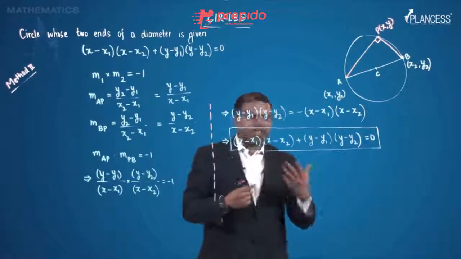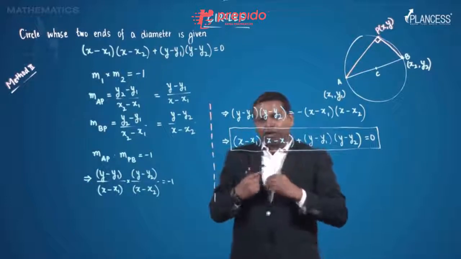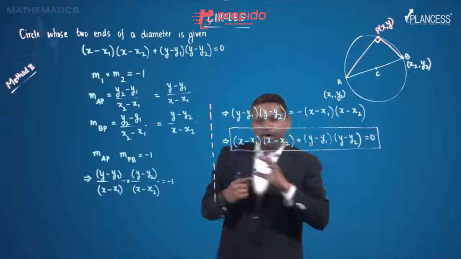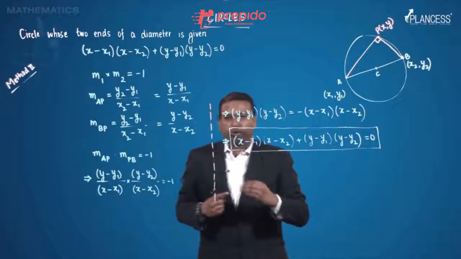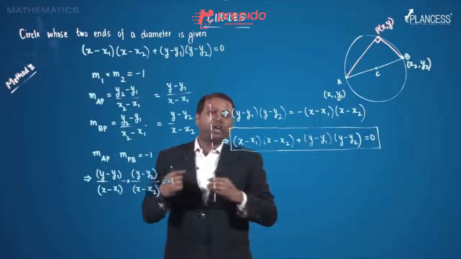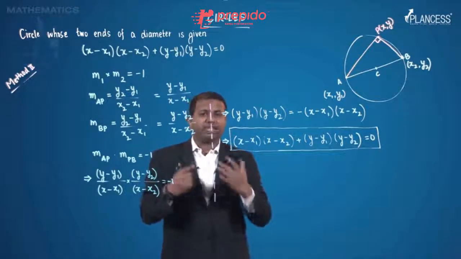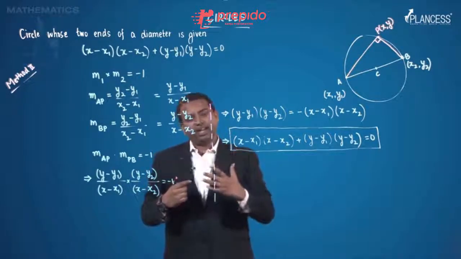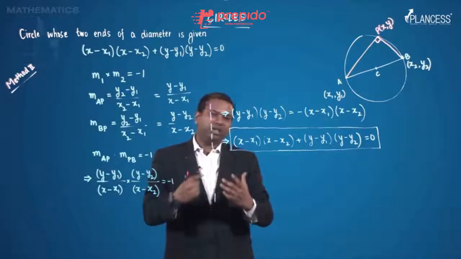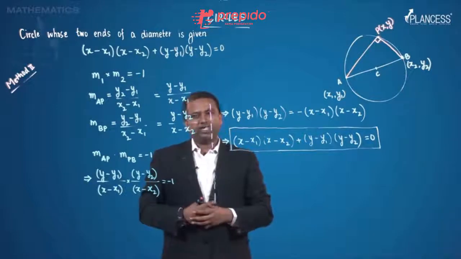I would also suggest you try to draw the figure of the equation which is given. When you find any equation, you can always find out the center and the radius. Try drawing it and visualizing it. It will help you understand coordinate geometry and the chapter of circles in a much better and stronger way. So that is it for now.